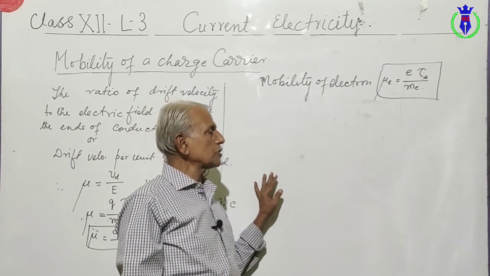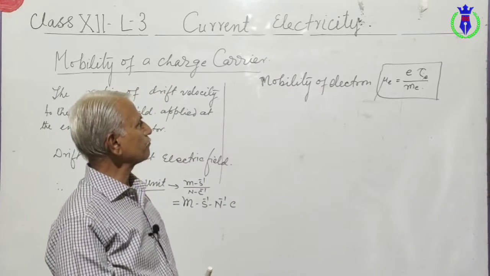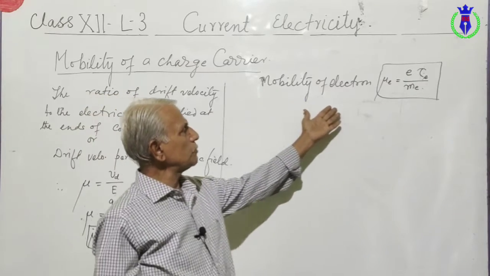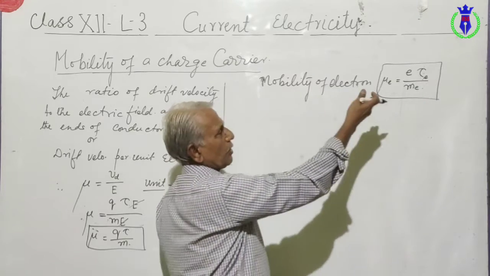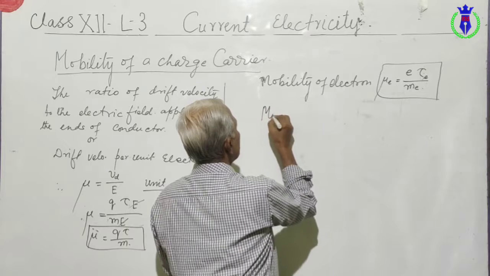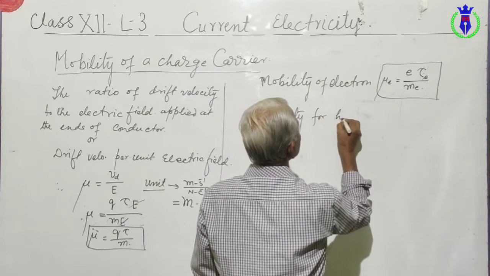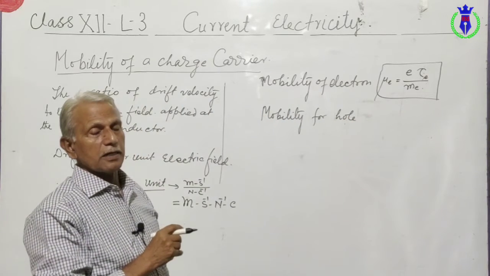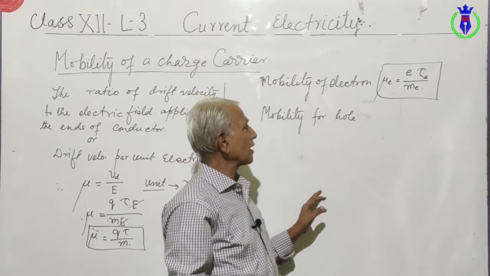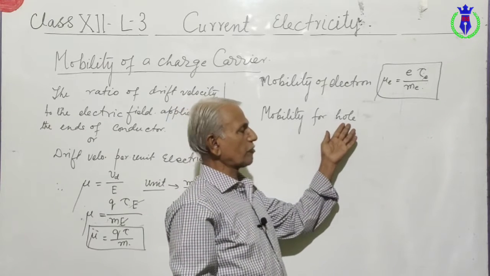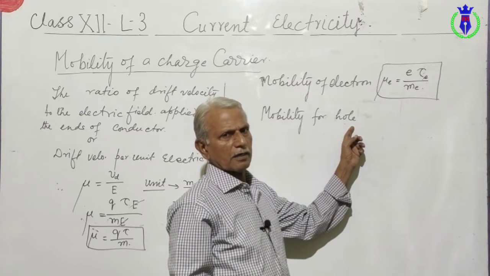Though the semiconductors are in the last chapter, last but one, इसलिए यहाँ पर हम मोबिलिटी होल की नहीं निकालते, लेकिन अगर होल की भी मोबिलिटी निकालना हो तो इन सब की जगह होल लिख देंगे, बाकी the formula is same. For example, mobility for hole. Hole is an imaginary particle, that is not a particle, that is to say absence of the electron, and therefore this is supposed to be positively charged, and the charge equal to the electron.